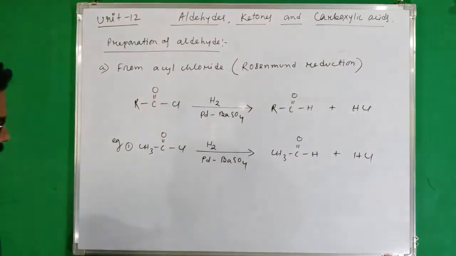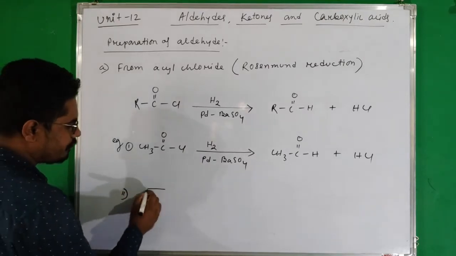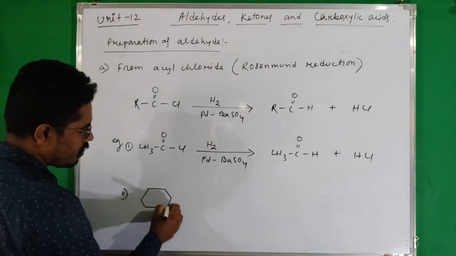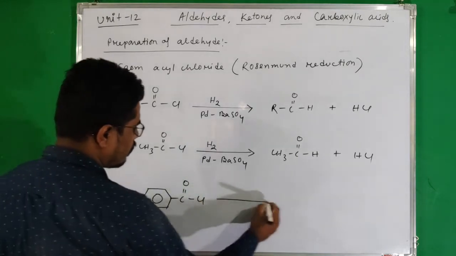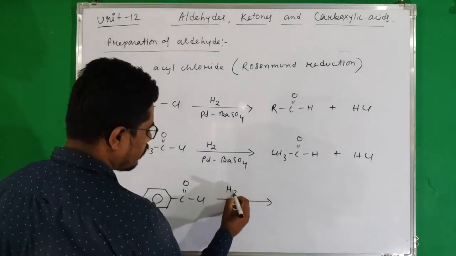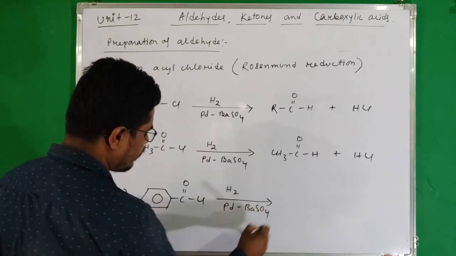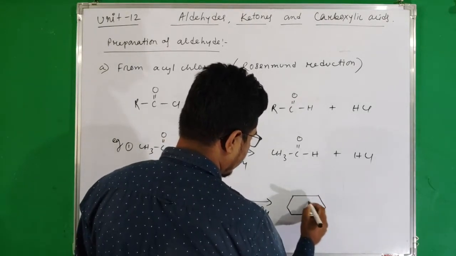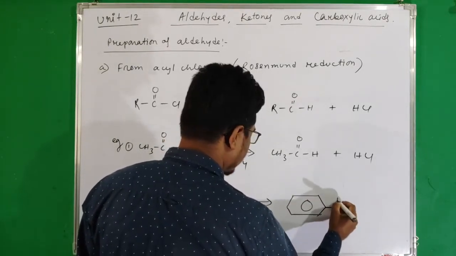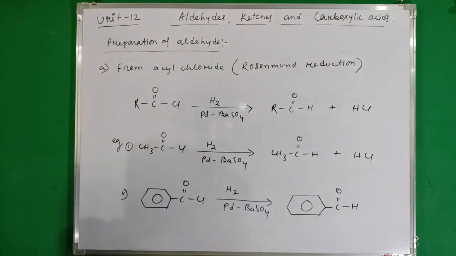Again, another example: suppose we have this compound, the reagent is the same, hydrogen in presence of palladium and barium sulfate, and the product is this one, where only the chlorine is replaced by hydrogen.